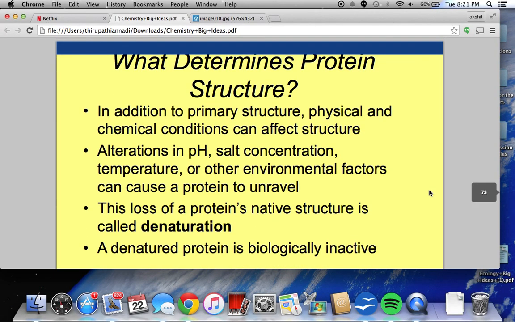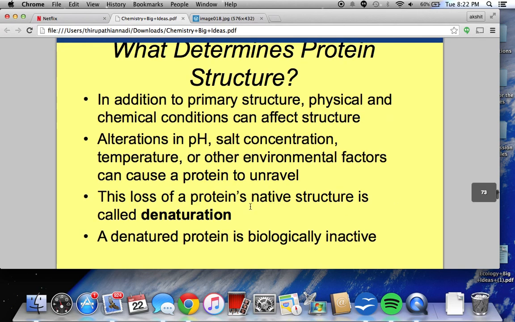What determines protein structure? The shape of the protein. Know that the loss of protein shape is denaturation, and that makes it lose its function.